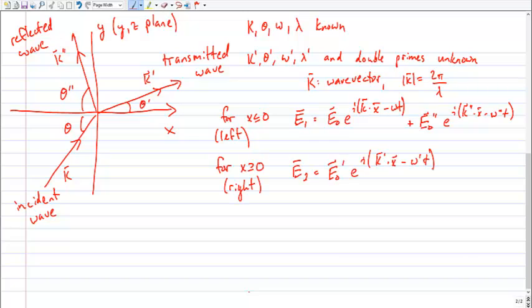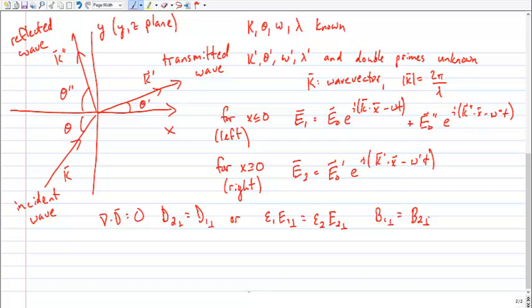With those fields down, all we need to do is use boundary conditions to stitch them all together. So we have 4 good boundary conditions for the parallel and perpendicular components of various fields. There's no free charge, which means that del dot D is 0, which means that the perpendicular component of D is continuous. Del dot B is 0, which means that the perpendicular component of the B field is continuous.